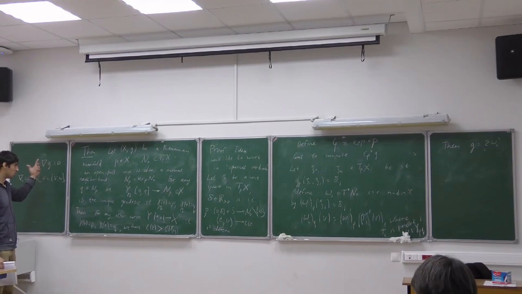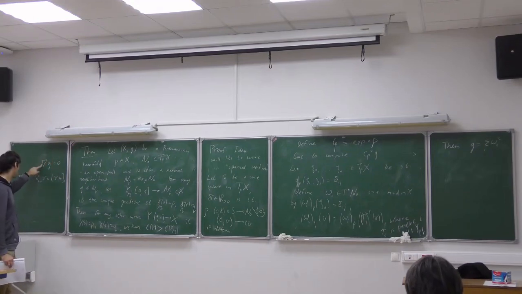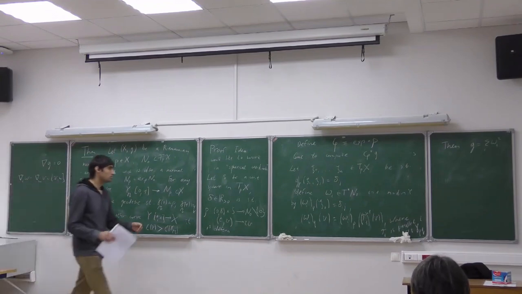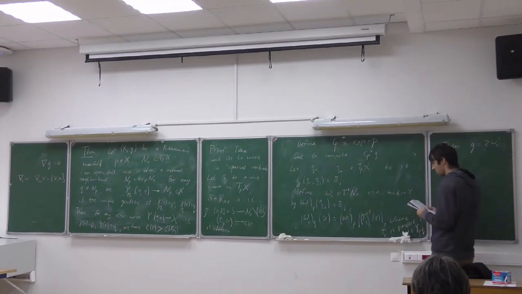So I parallel translate with respect to geodesics, and a geodesic is given by the equation that nabla of gamma prime is just 0. Okay, so that's one thing that I need.